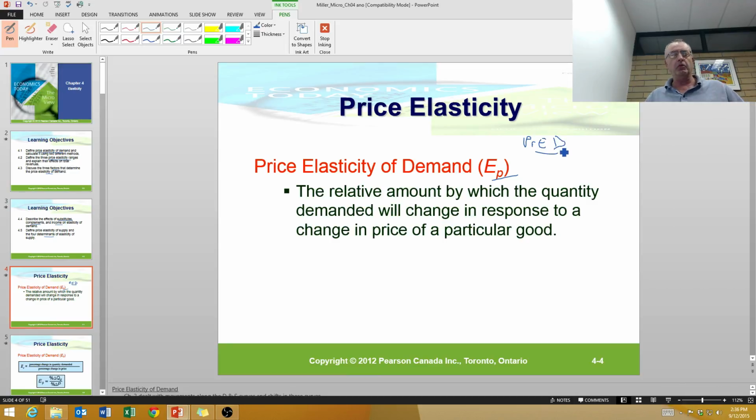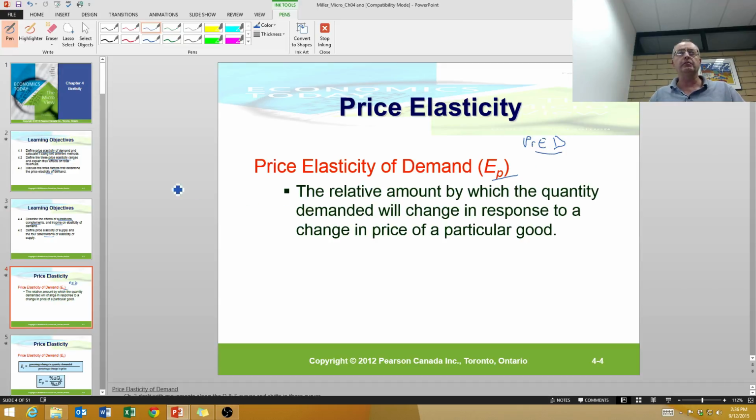Anyways, way back in chapter 3, we looked at how price changes resulted in movements along the supply and demand curves and changes in supply and demand, which were the horizontal shifts of those curves. And then, of course, chapter 4 here deals with the so-called elasticities of these curves.